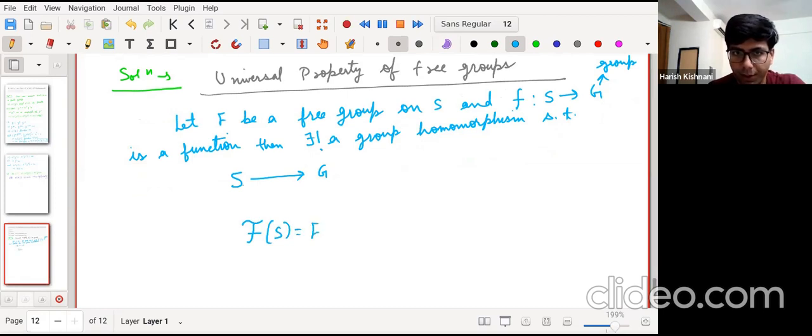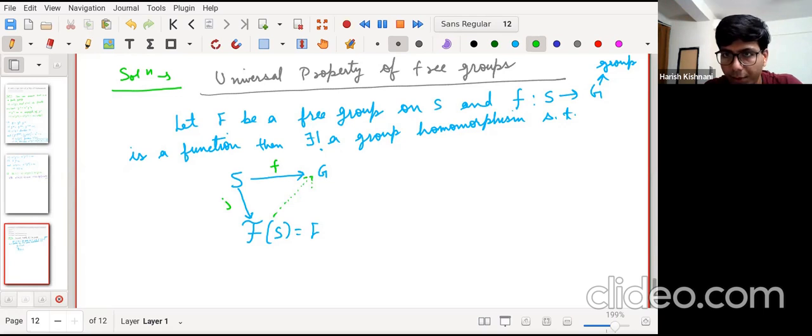So from S to F you have the injection map, say J, and from S to G you have the given map f. So from the free group to this group, there would exist a group homomorphism.